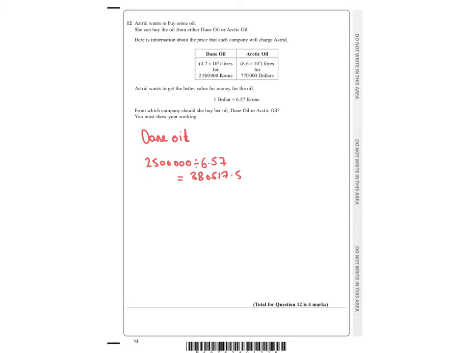So now I need to find out what we have in price per litre. So now I'm going to do the 4.2 times 10 to the 5 and divide that by our amount in dollars. And then for Arctic Oil, I'm going to get 8.6 times 10 to the 5 and divide that by the amount of dollars.